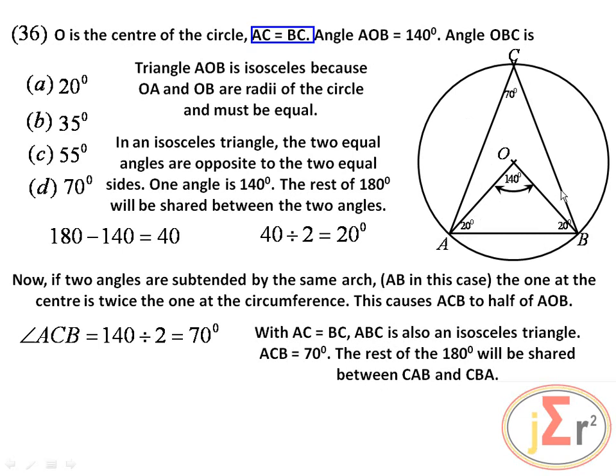And of course, being a triangle, the angles will add to give 180 degrees. So to find the size of these two equal angles, we take 70 from 180 degrees and divide the result by 2. 180 minus 70 is 110, and we divide 110 by 2, and that is equal to 55. And the answers are there also.